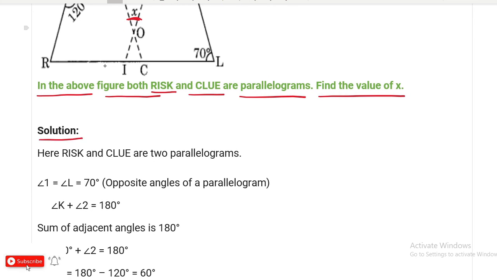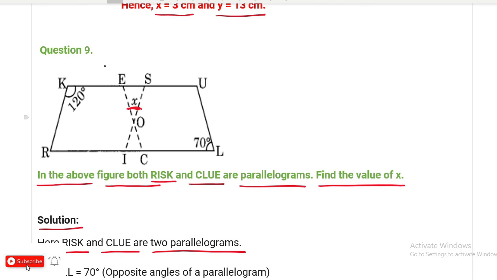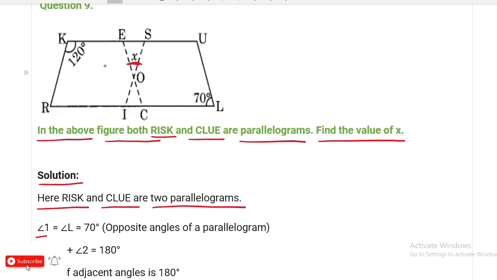Now start. Here RISK and CLUE are the two parallelograms. Angle 1, this is your angle 1, that is L. Where is L? L is here. Angle 1 is equal to 70, because the opposite angles of a parallelogram are equal to each other.